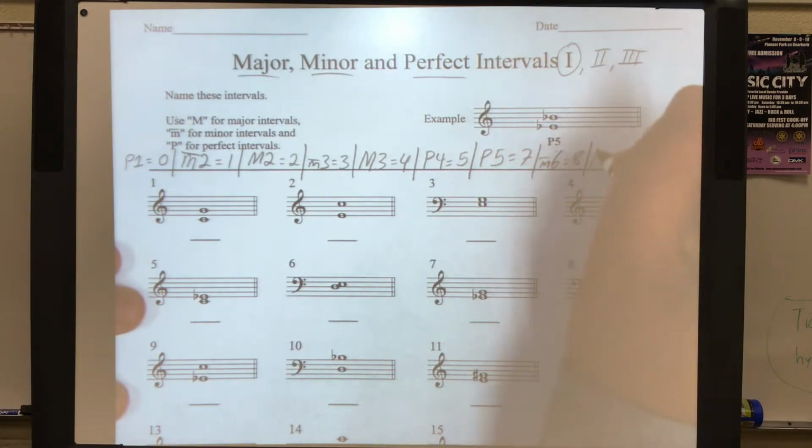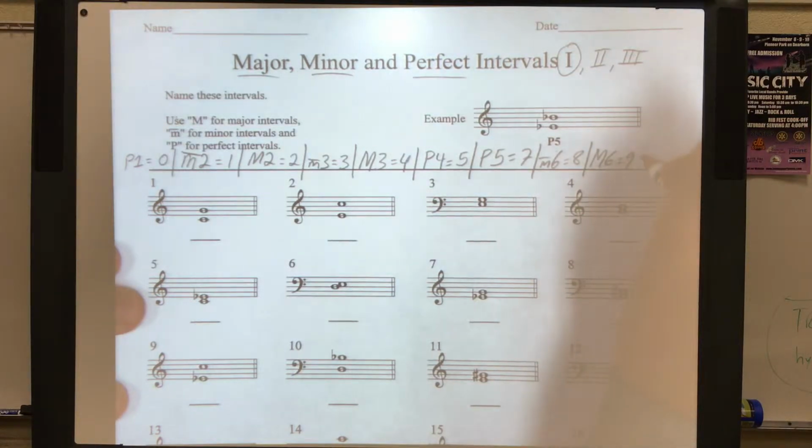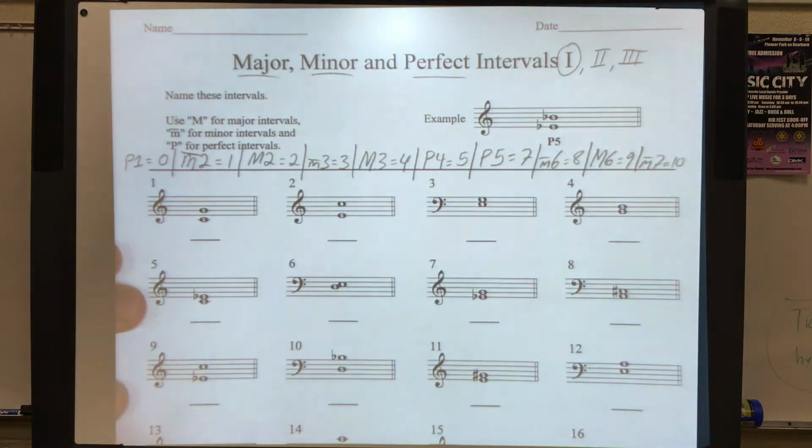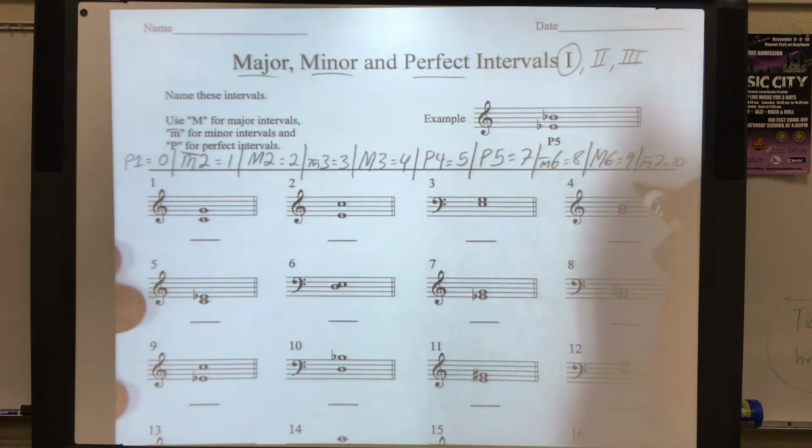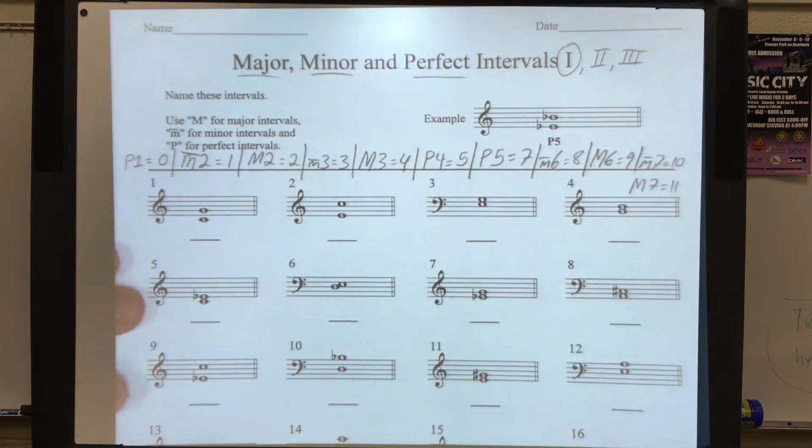Then major sixth, 9 half steps. Minor 7, 10 half steps. And finally, below here, we'll do major 7 with 11 half steps. So go ahead and write that. Pause the video if you need a little bit more time.